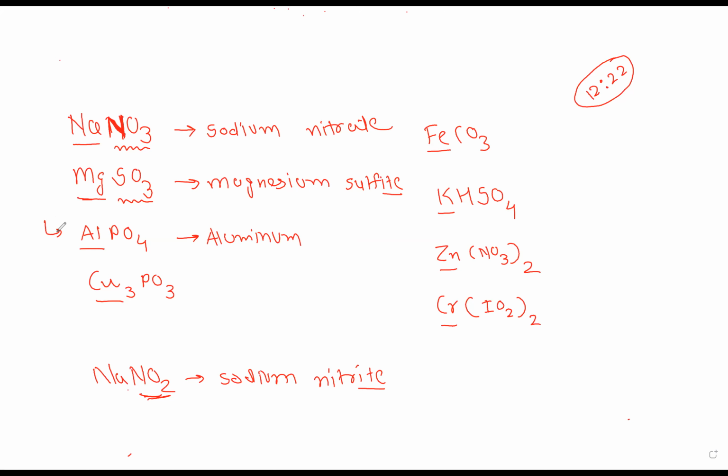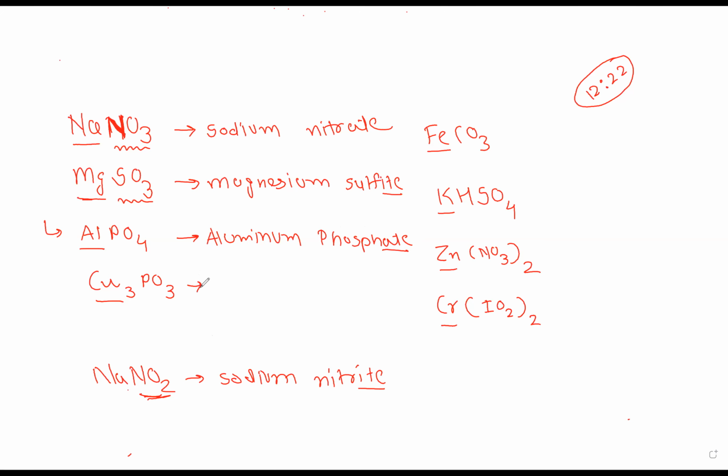Look at the 5-box table. PO4 is a part of the table. It means it's supposed to end with ATE. Okay, so it should be aluminum phosphate, ATE. All right. Everybody agree?